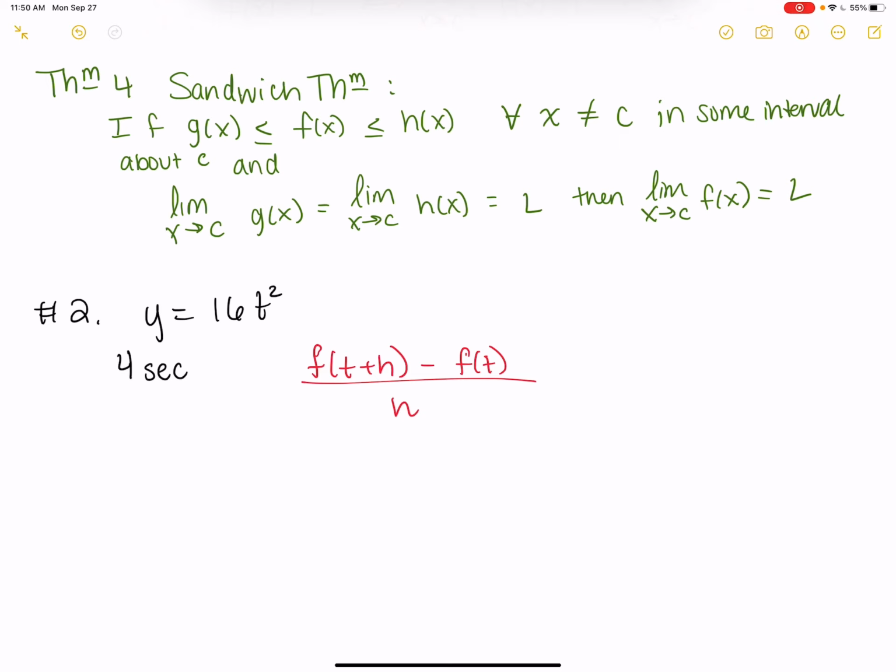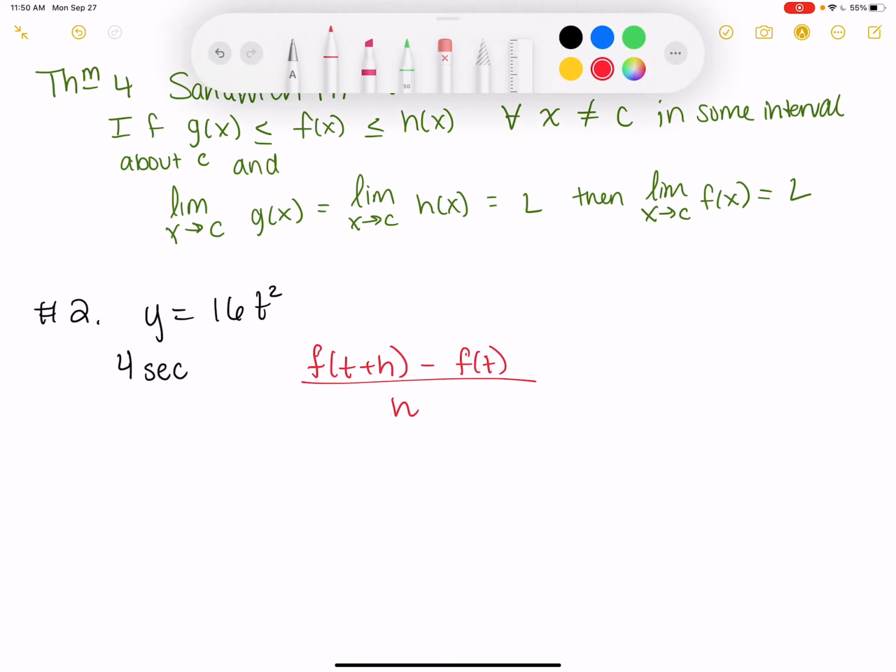Okay, and it says that we started from rest, so that means that initially it's going to be 0. So another way you can think about this, delta y over delta t. So we're taking this whole function and we're filling in the t plus h, or t as the case may be.